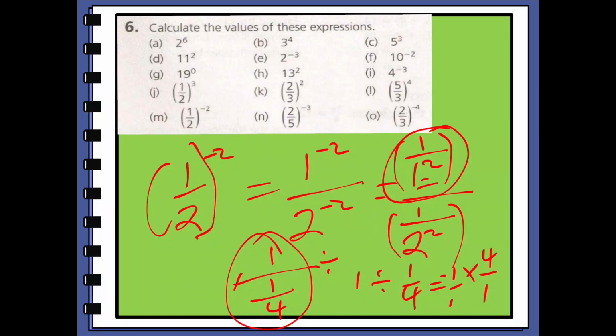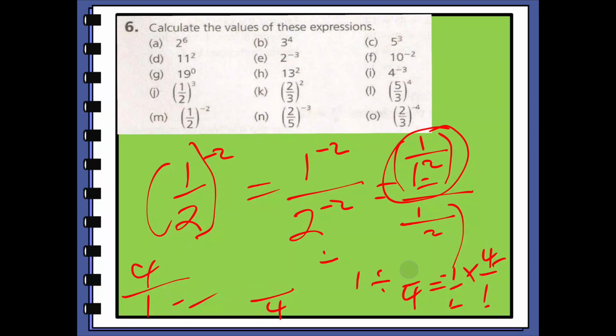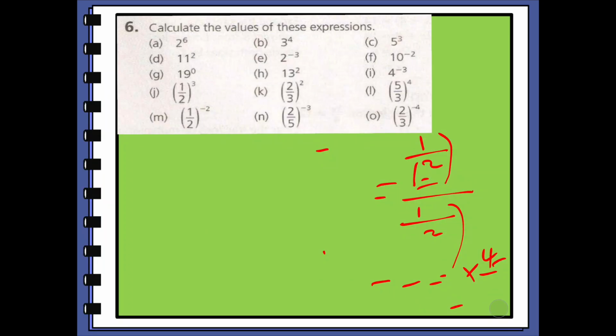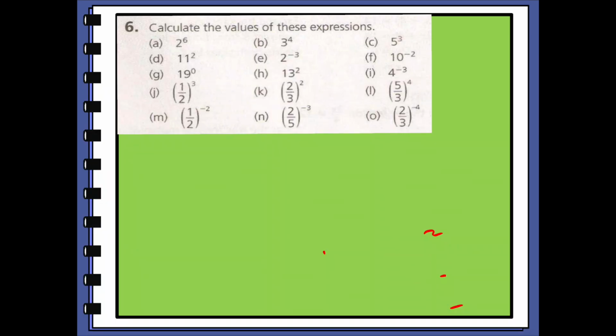So 1 times 4, you get 4. Then down 1 times 1 is 1. Then 4 over 1, it's 4. Right, so the answer is 4. That is how, with practice, you are going to get used to how negative powers can be solved. So you do the same for N and O.